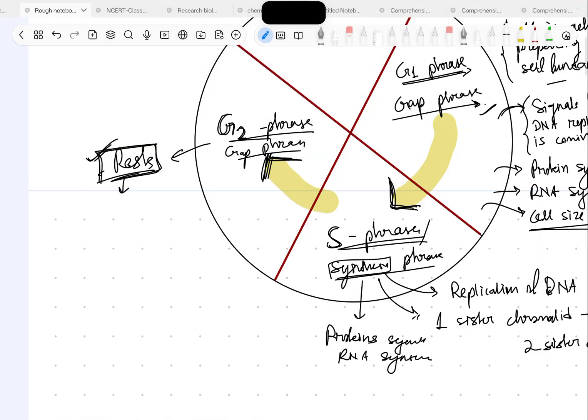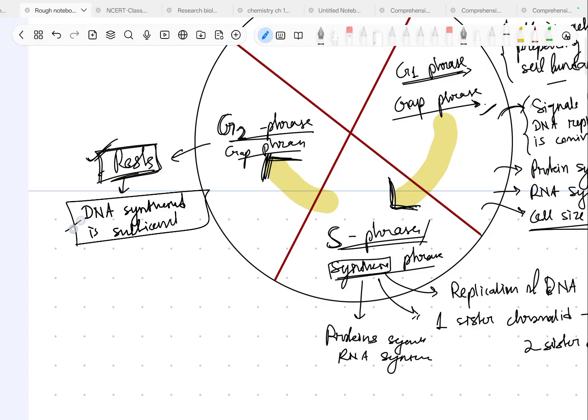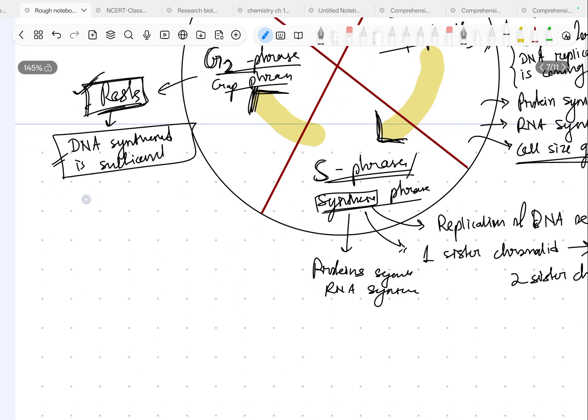In the G2 phase it checks whether the DNA synthesized is sufficient or not, means whether more DNA is needed or not. And some proteins, not most, are synthesized here.